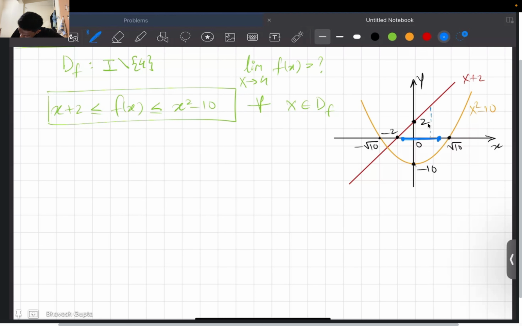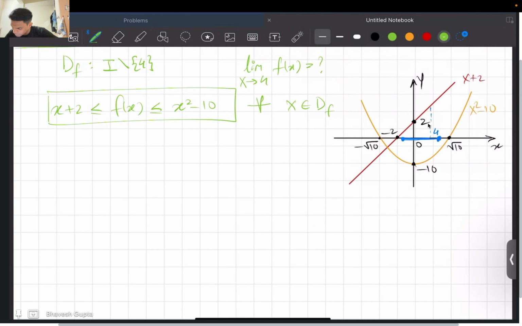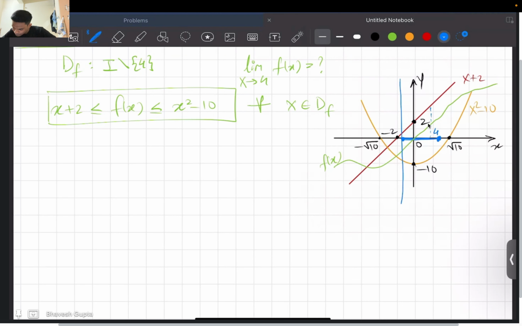And your actual function might be running in this fashion, maybe some this way. So you can see that in that given interval, now just focus yourself on this interval only. In this given interval, you can see that you have this kind of behavior.